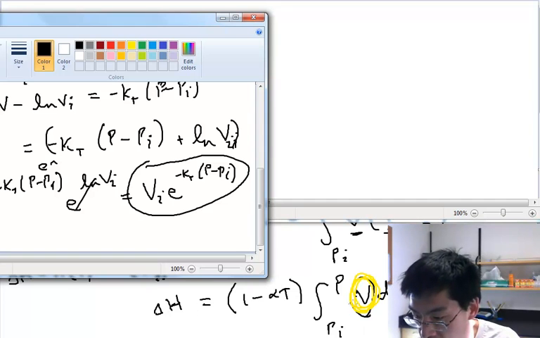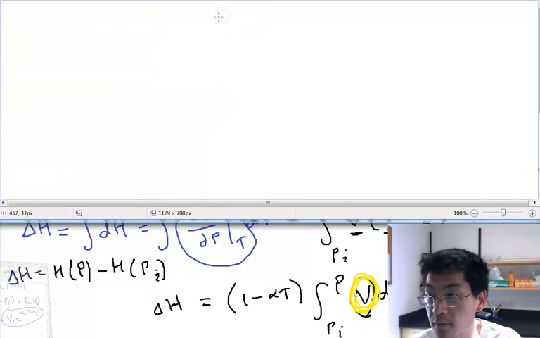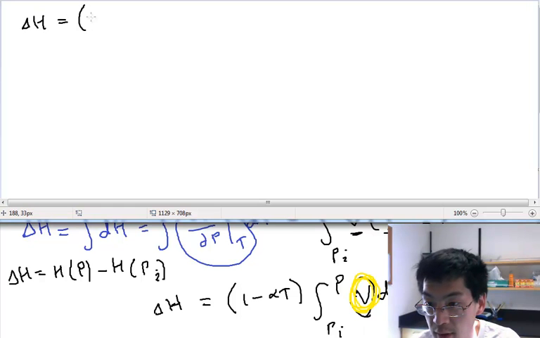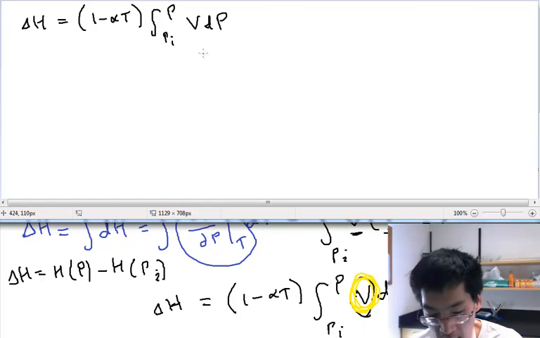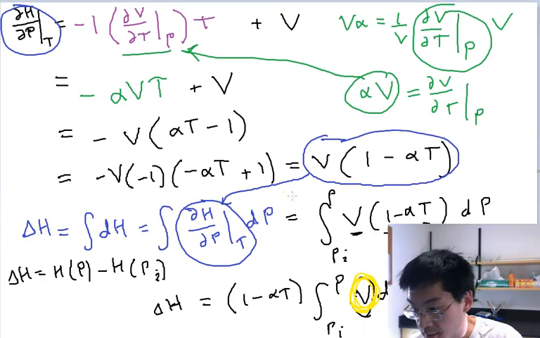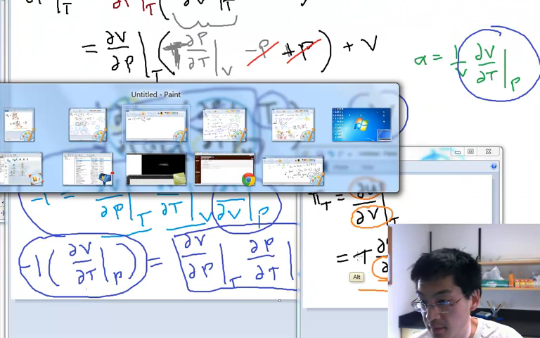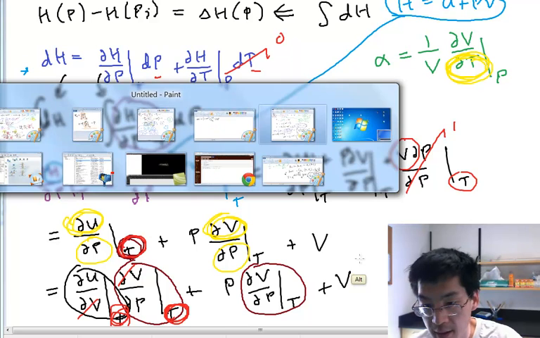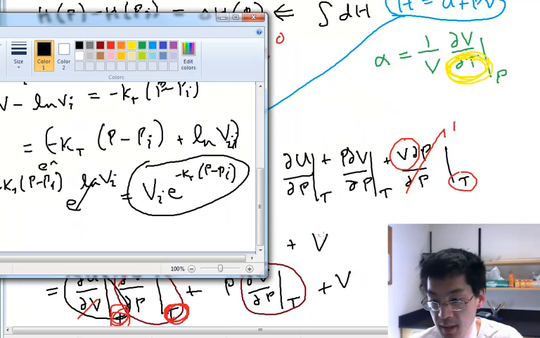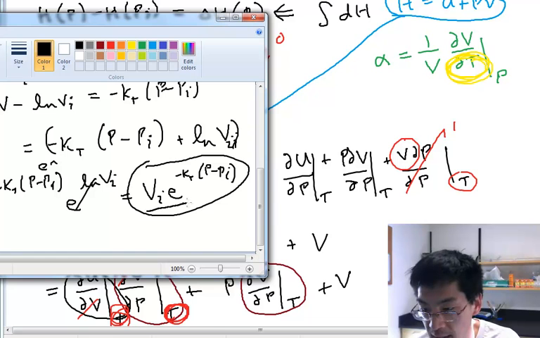At the bottom of your screen here, delta H equals 1 minus alpha T times the integral from Pi to P of V dP. So I'll copy that over here. Delta H is equal to 1 minus alpha T times the integral from Pi to P of V dP. Now, V was just, where is it? Where's my V? Okay, sorry, I'm going to find my V here. Okay, there it is.